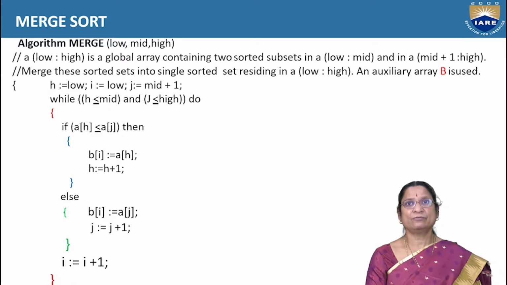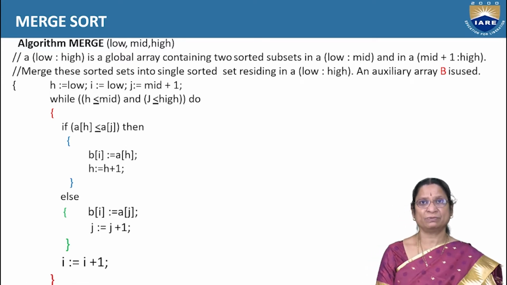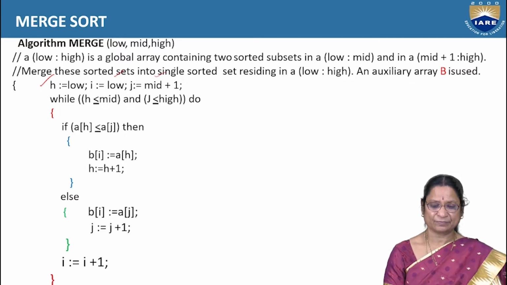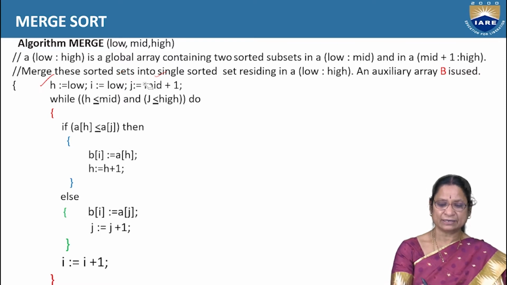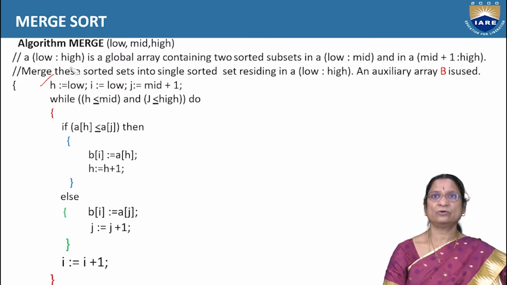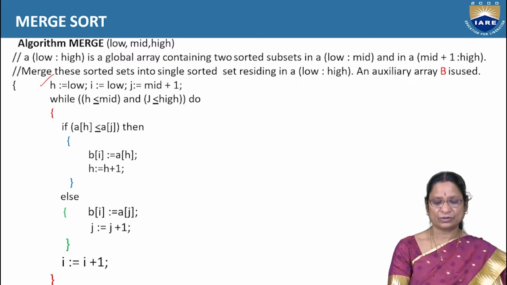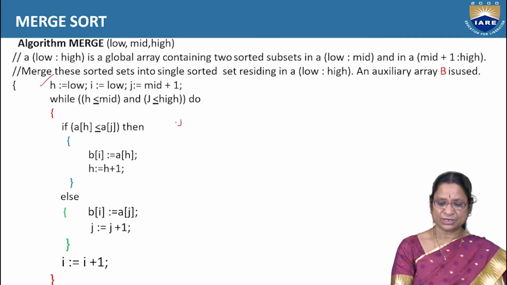So H is going to be low, we are assigning H representing low, and I is also representing low, J is representing mid plus 1. Right? So we are starting from the lower bound. While H is less than mid and J is less than high, J to high is the second half.